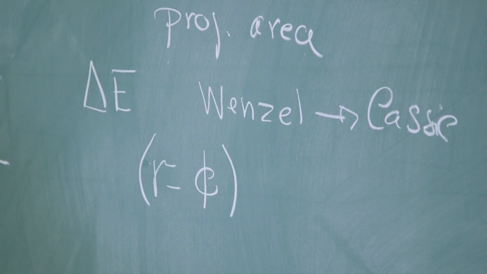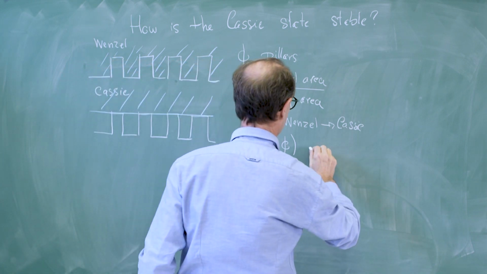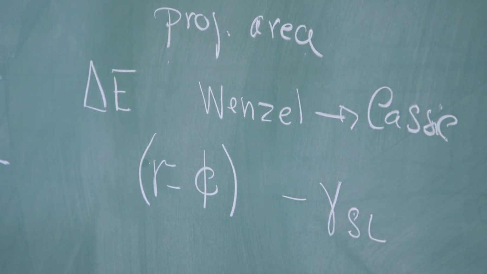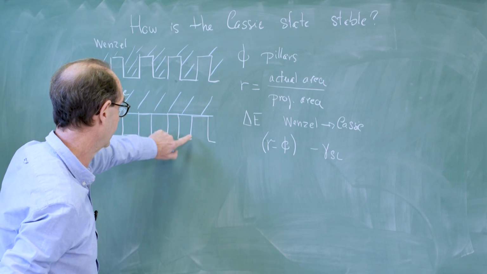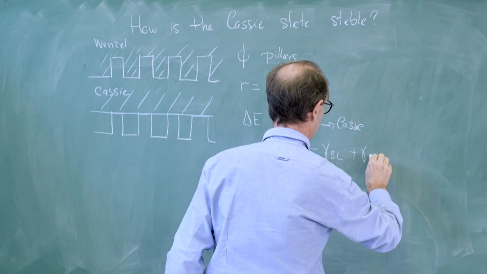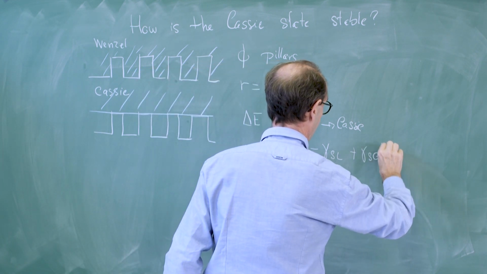I'm removing liquid, so I have a minus gamma solid-liquid, and I'm adding gas, so to speak, on the substrate, plus gamma solid-gas.